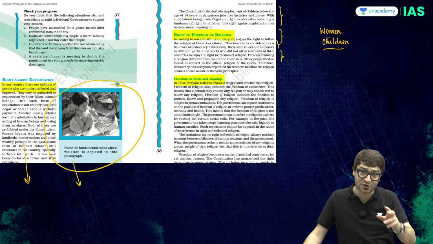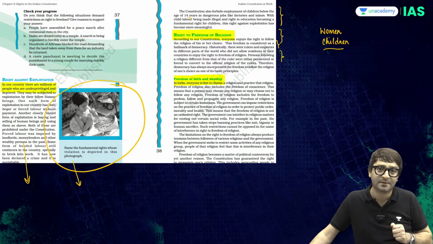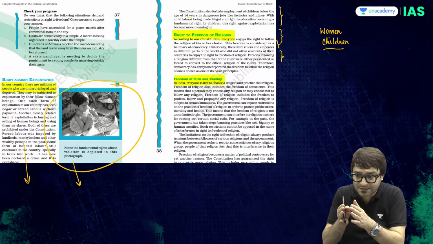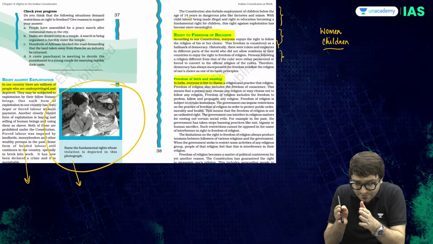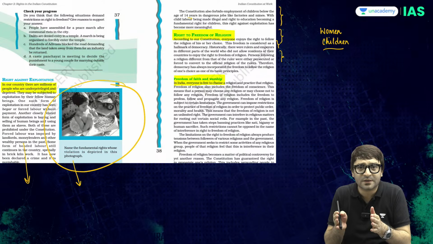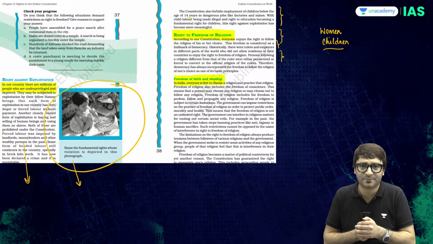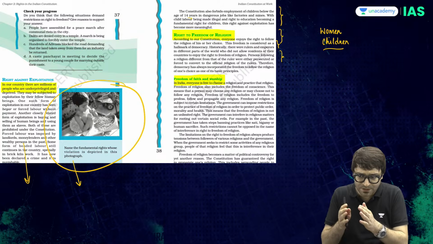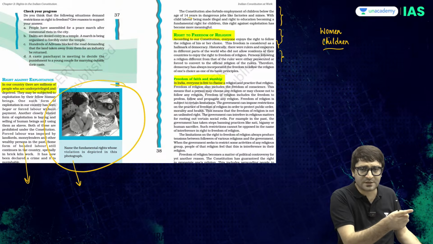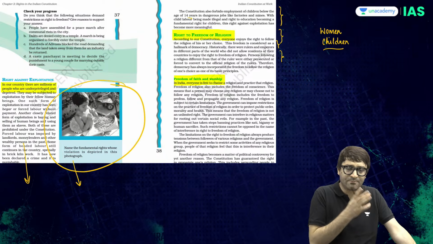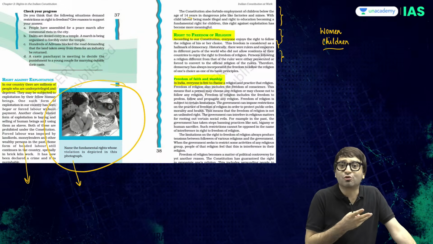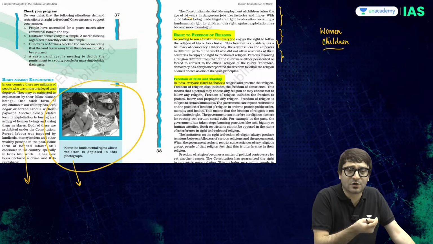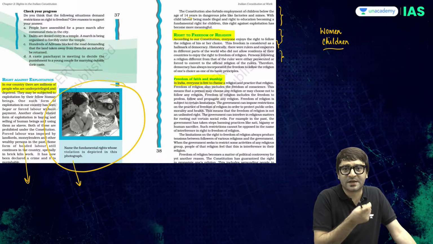But here also the state can interfere, to ensure that even while you are practicing your religion, there is no discrimination. Does that mean you can practice your religion and you cannot allow Dalits entry inside the temples? So social reform is at the heart of these religious rights.